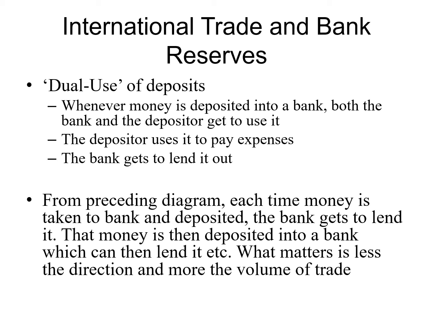But what they don't talk about is the main negative from an economic standpoint. What matters is less the direction of trade and more the volume of trade because of the dual use of money. It doesn't really matter which direction the trade's going in, because when the U.S. is importing a bunch from China, those importers are taking money and depositing it in banks, which can then lend it out.